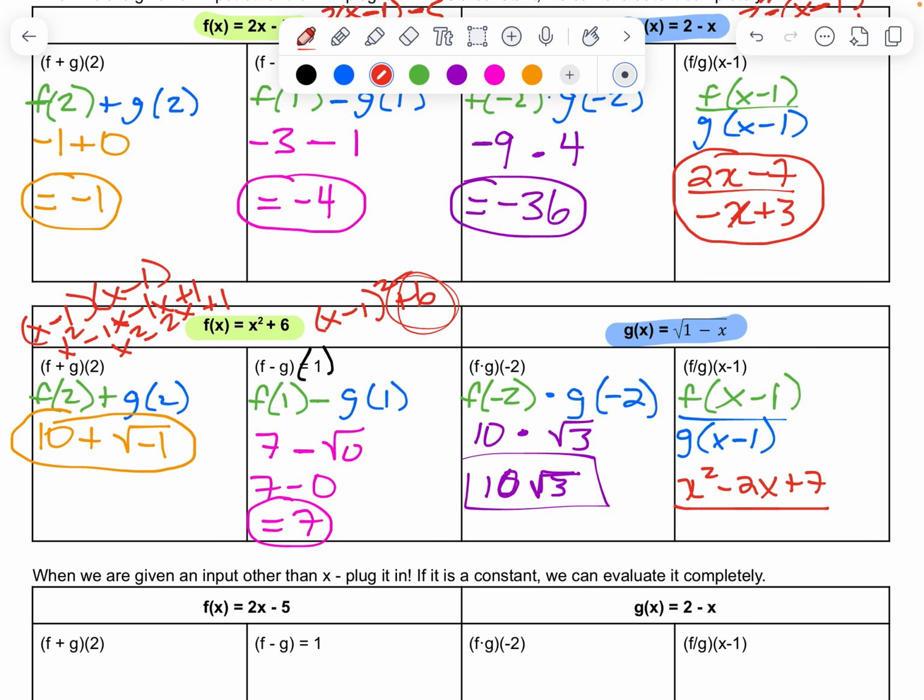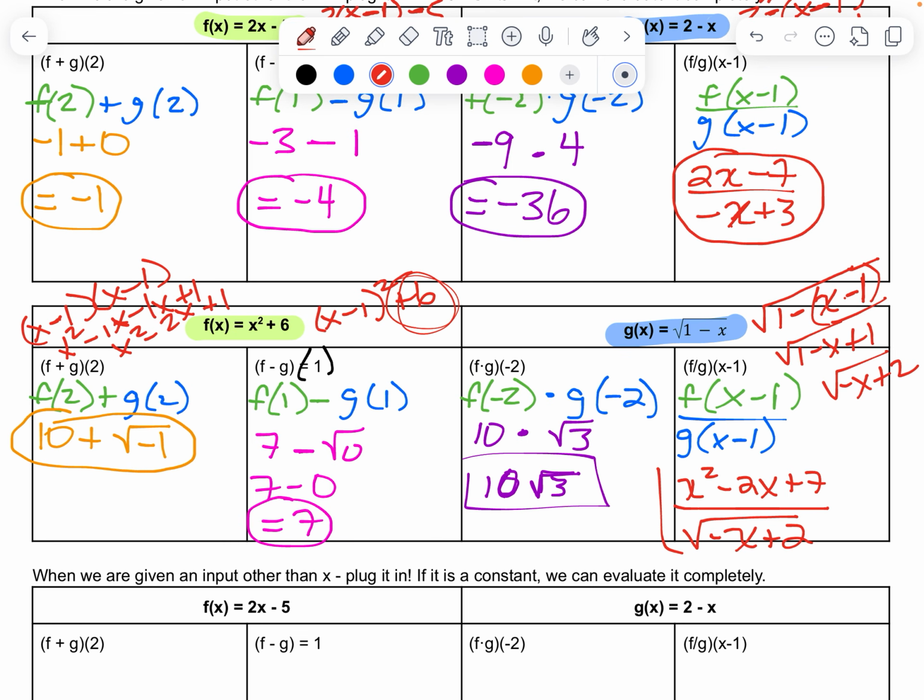And then again, it's going to look even weirder on the bottom here. When we plug it in, the x is coming out. The x minus 1 is the input here. And it's going behind a minus sign, so be careful. Distribute that negative, combine like terms, and I have this right here, square root of negative x plus 2.